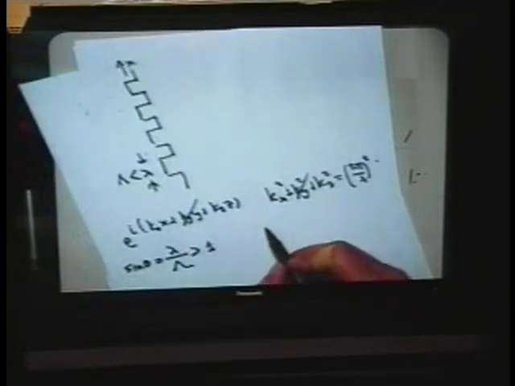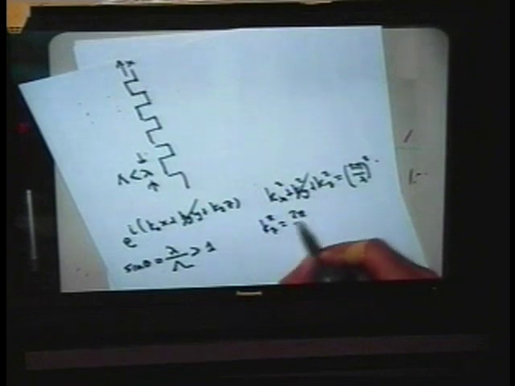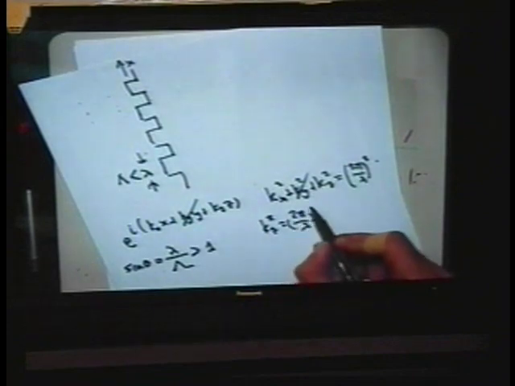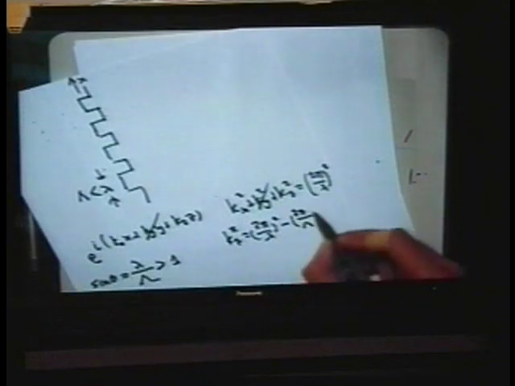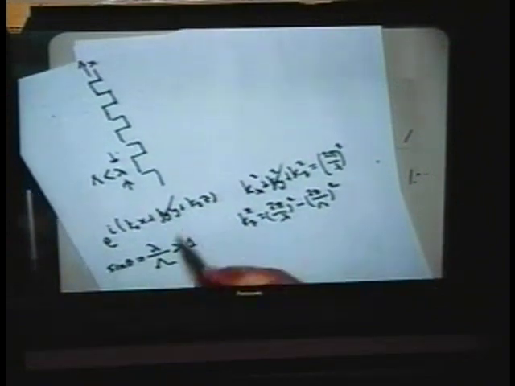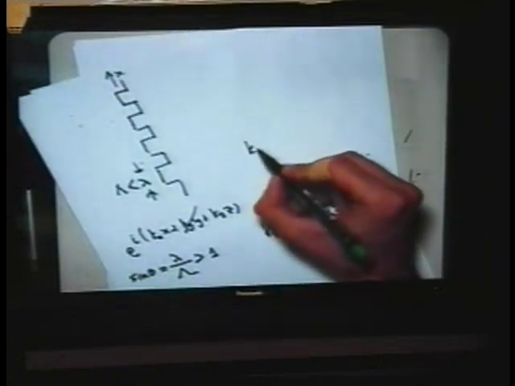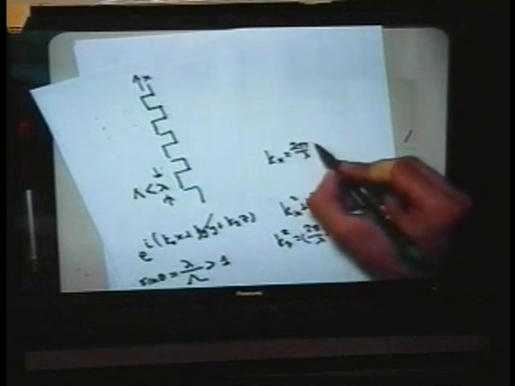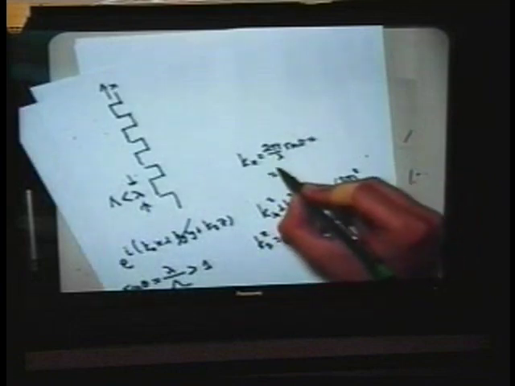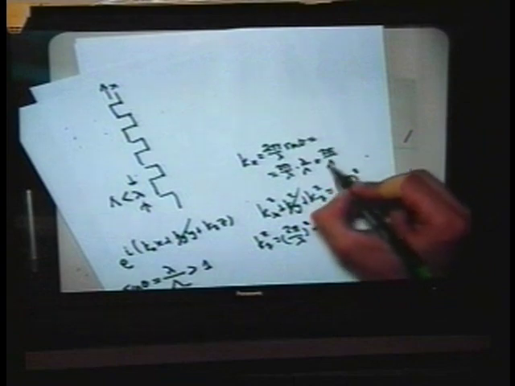If you plug into this equation, you get that kz squared equals (2 pi upon lambda) squared minus (2 pi upon lambda) squared, where kx equals 2 pi upon lambda times sine theta, which equals 2 pi upon lambda times lambda over the period.